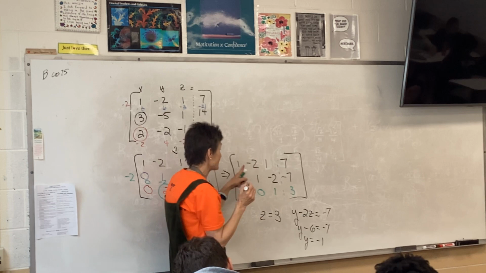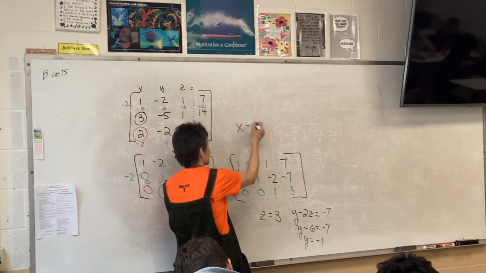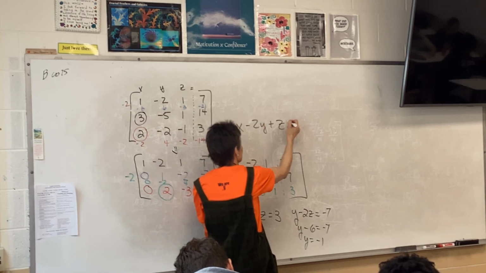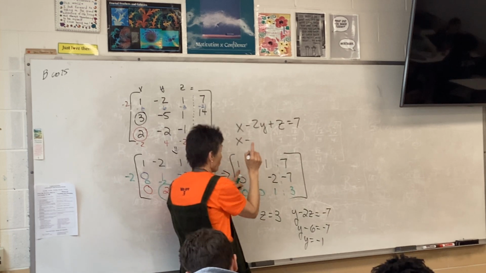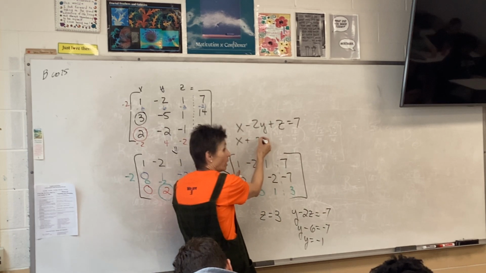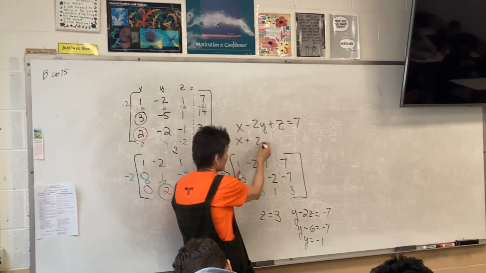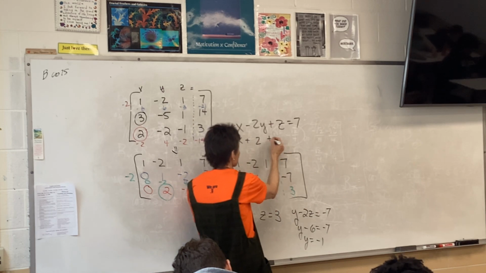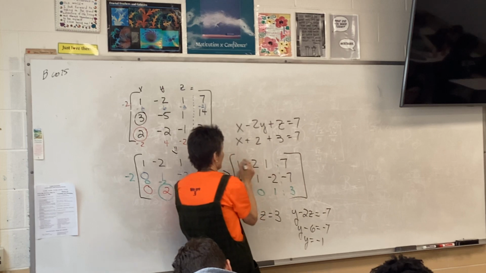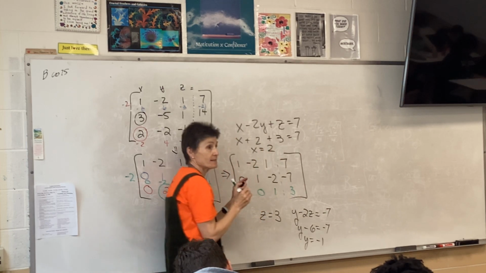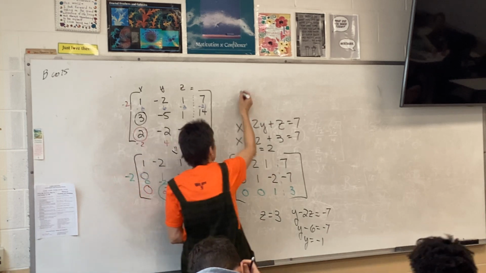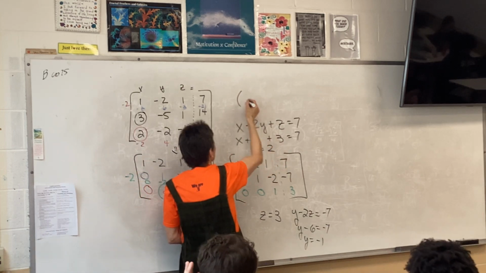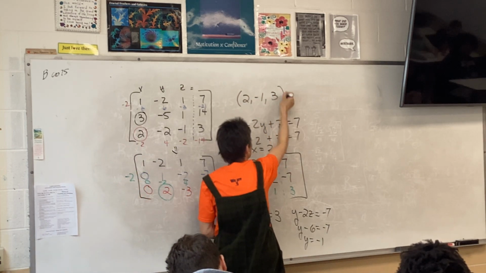And then all the way up to the top, x minus 2y plus z equals 7. But I know that y is -1 and z is 3. So it looks like x must equal 2. So the answer to the question is 2, -1, 3.